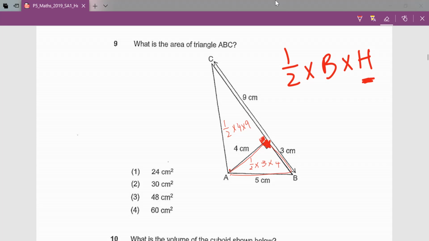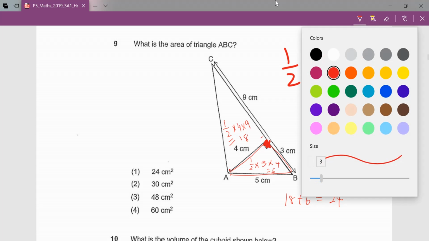So this also has to be 90. Okay, anyway, let's continue. Half times 4 times 9 would give me 18. Half times 3 times 4 would give me 6. Added up together, 18 plus 6 would be 24. Answer is option 1.